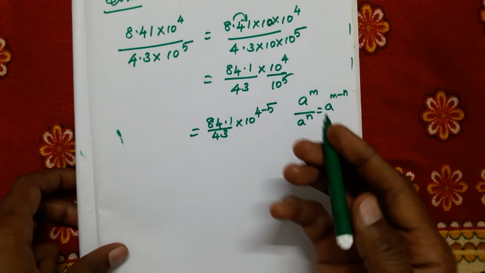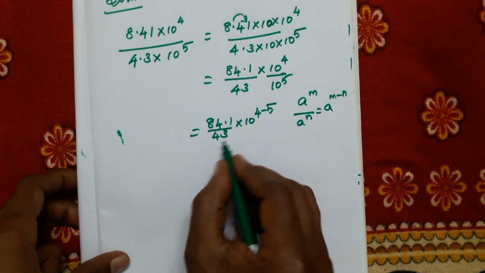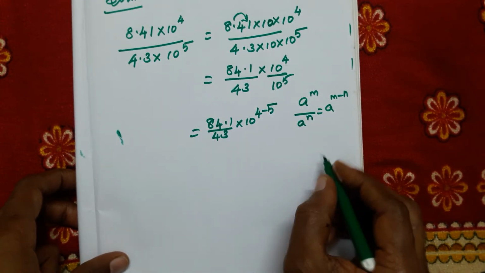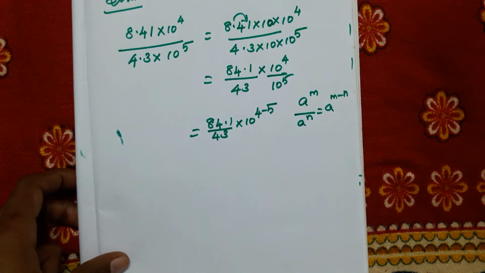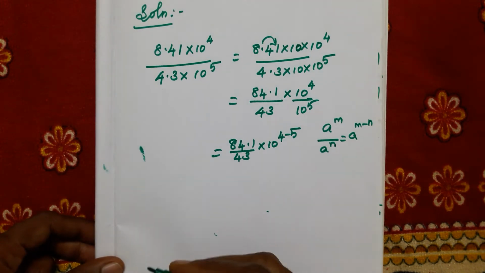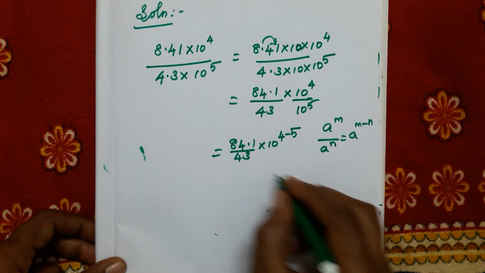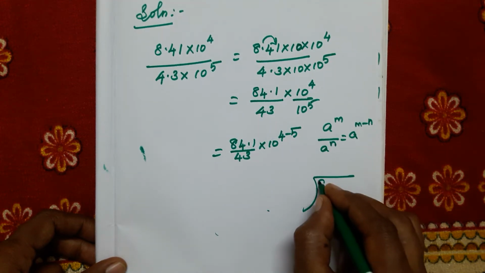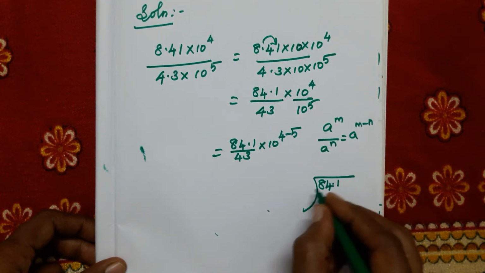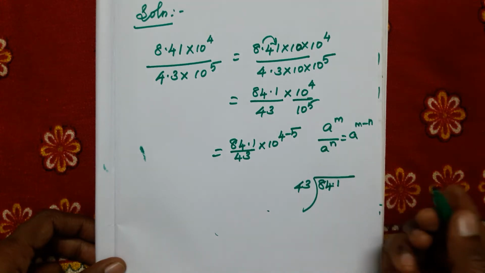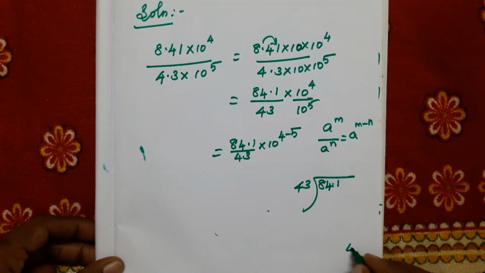When we are dividing, what are we getting? 84.1 by 43. Here when we are multiplying 43 into 2, what number are we getting? 3 2s are 6, 4 2s are 8, 86.